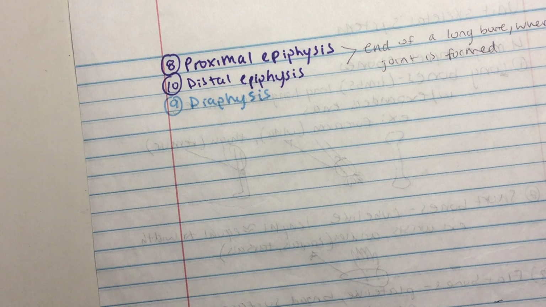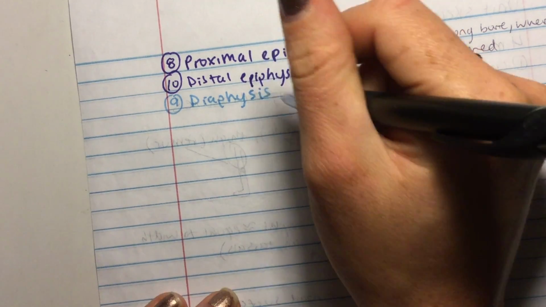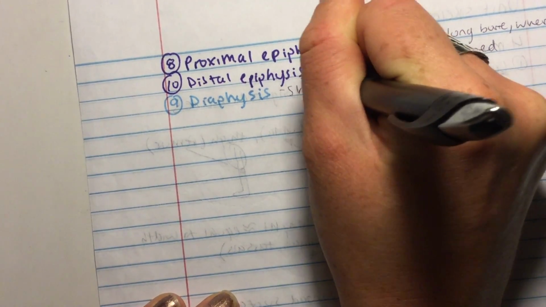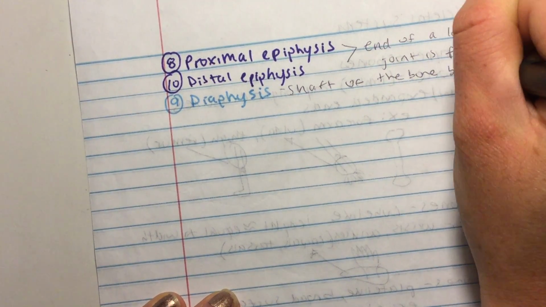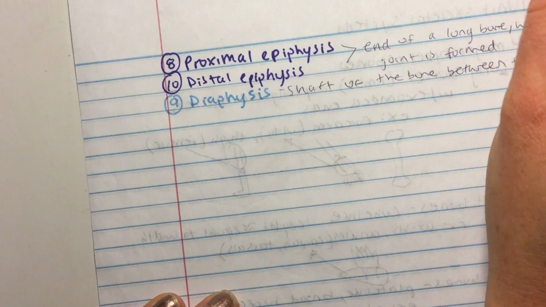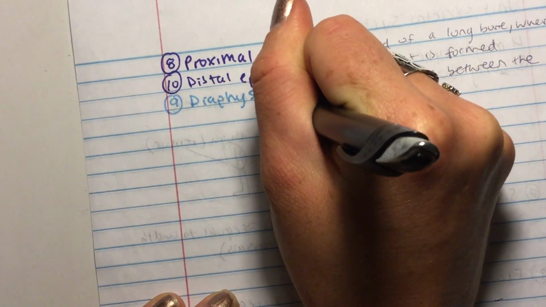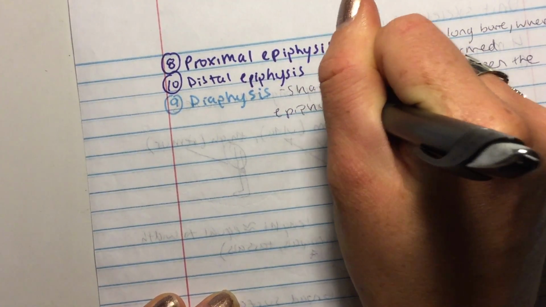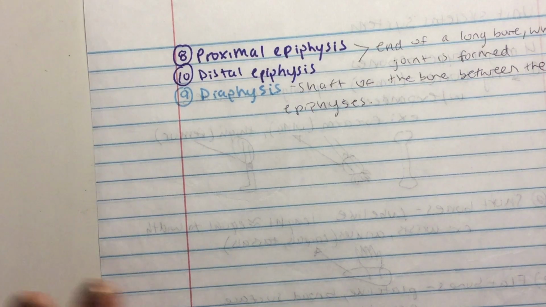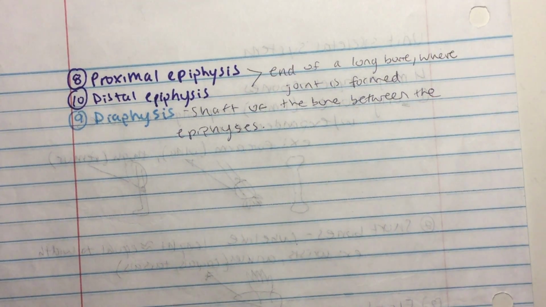And the diaphysis is where we have that medullary cavity holding all of that yellow marrow, as well as mostly compact bone here. So we call this like the shaft of the bone, between the epiphyses. Okay, again, this is where the medullary cavity would be, the yellow marrow, all of that.